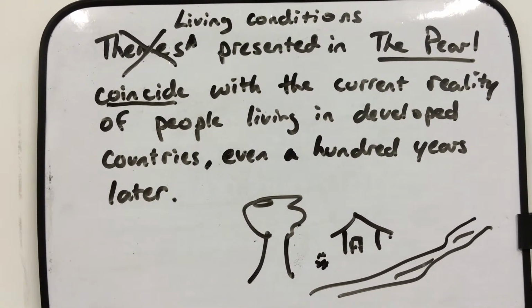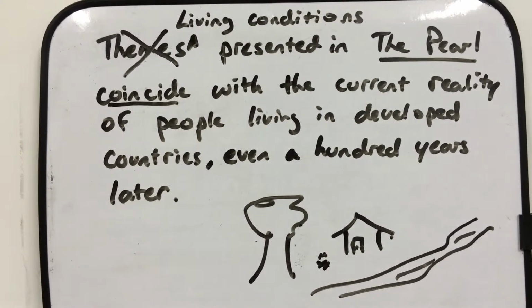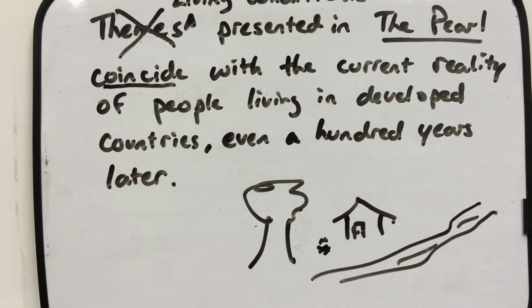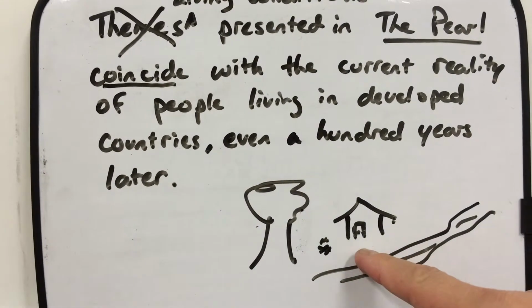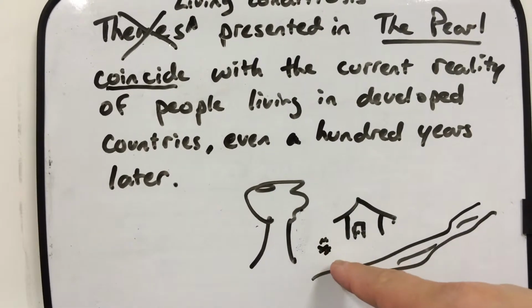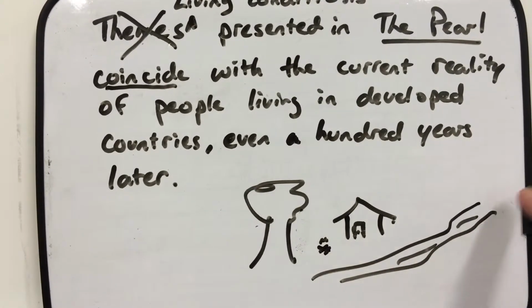Many of you read the novel, The Pearl, in English 1, and you know it takes place a while ago in Mexico, and people back then not having electricity, so they would get maybe their light and their warmth from fire and their water from a river.